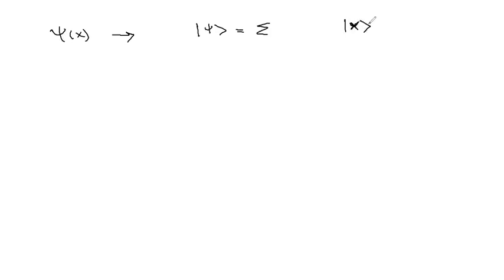This state has certain position. Then if you have psi equal to x, that means you have a very certain position, your distribution in space should look something like this. So the position is very certain. This would be my basis vector.